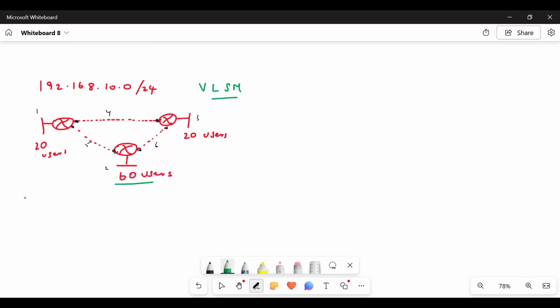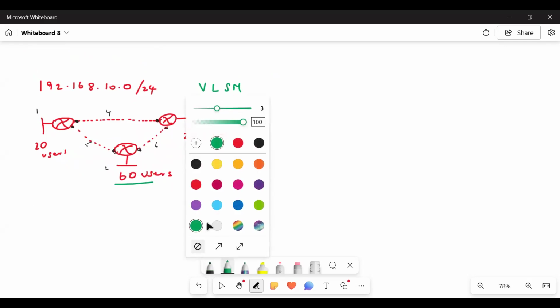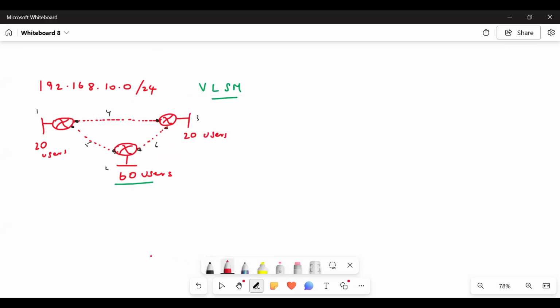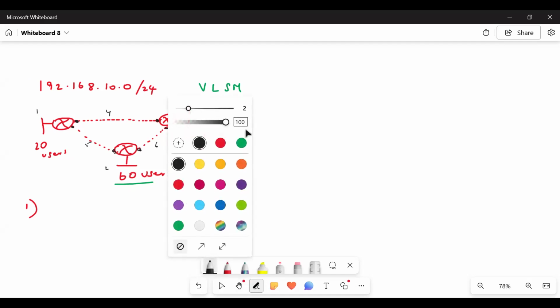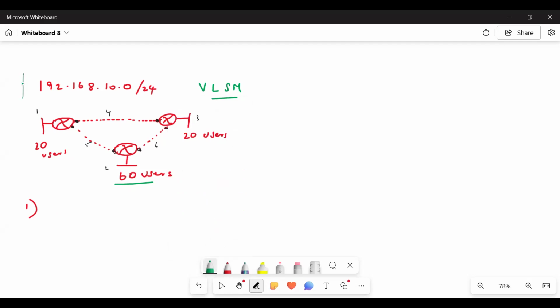Our first step is, as usual, the subnetting steps we discussed in the previous session. The first step is the given IP. We need to identify which class the given IP address belongs to.